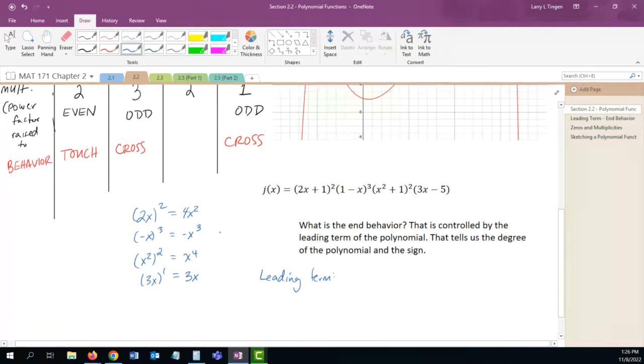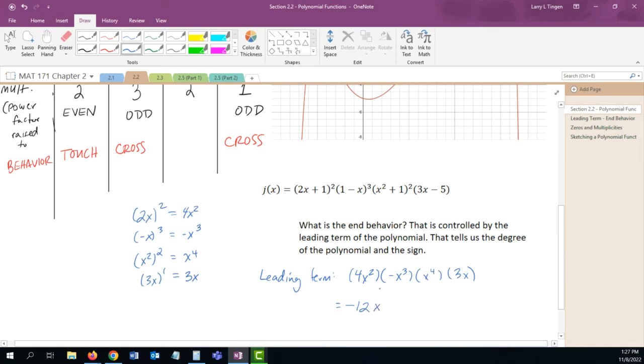So if I want to find the leading term, I need to multiply all of those leading terms together. 4x squared times negative x cubed times x to the fourth times 3x. Okay, so let's go after the coefficient first. 4 times negative 1 times 1 times 3 is negative 12.